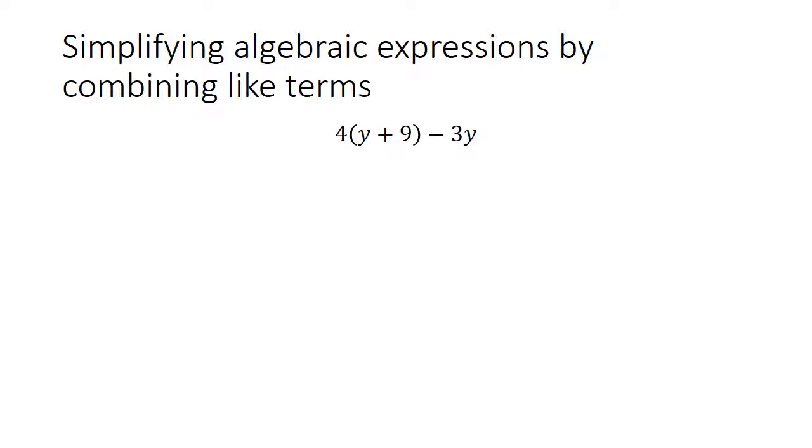This one is a little tougher. We're going to have to use our distributive property. Not sure if you've heard of it before, but in order to solve this, we're going to have to take this 4 and share it across everything in the parentheses. So we're going to multiply it by the y and multiply it by the 9. So 4 times y is 4y, and 4 times 9 is 36.